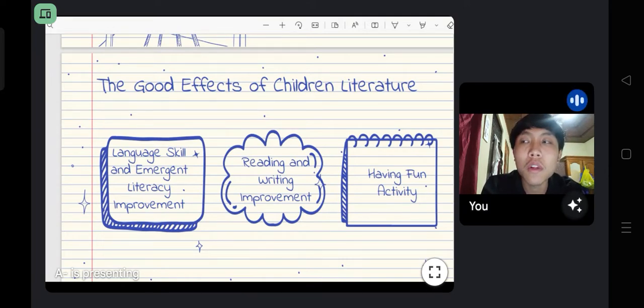So of course it will be fun, because literary work provides interesting stories, and there is a lot of variation in story, and a lot of unexpected plots in certain stories of literary work. So move to the next slide.